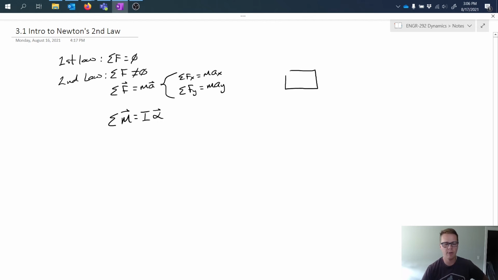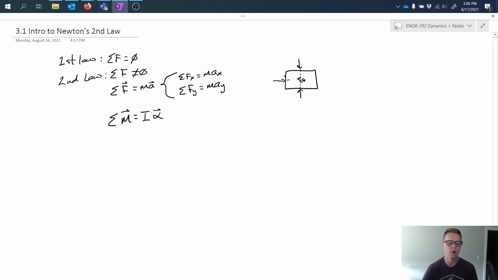So for example, if I pick my arbitrary block object that I use in many cases, now I'm going to label where the center of gravity of this block may be, pretending that that's directly in the middle. Now if all of my forces that I apply to this act through that center of gravity, so their line of action passes through that center of gravity, then I'm not going to be worrying about rotation so much.